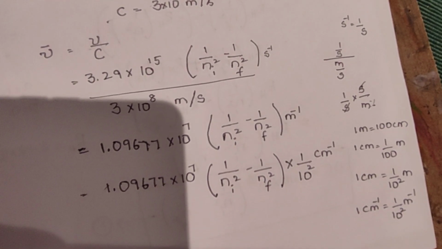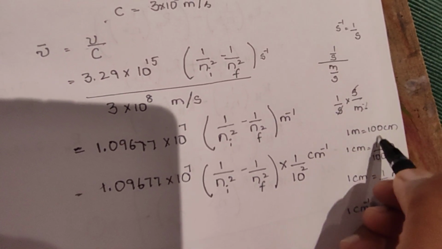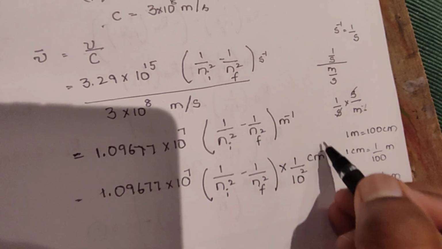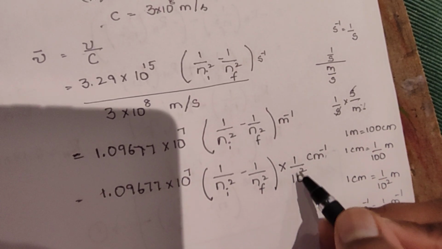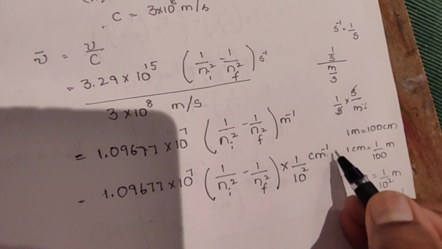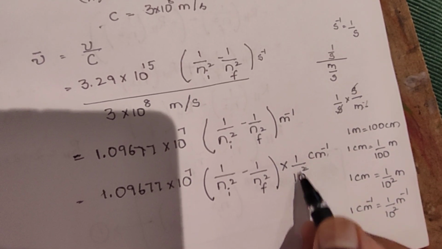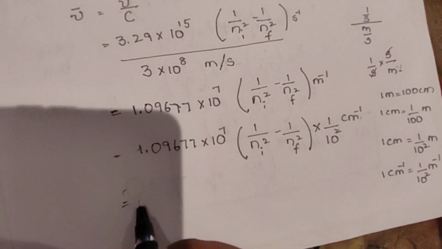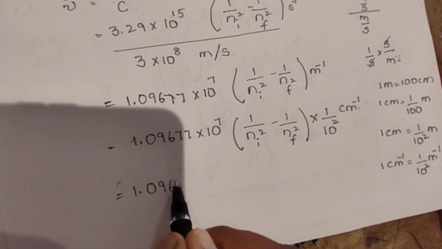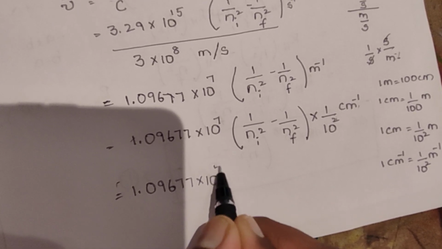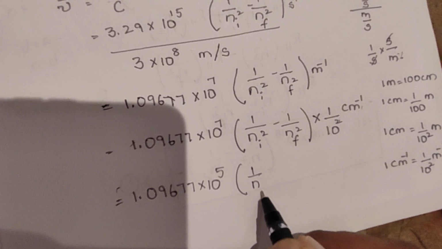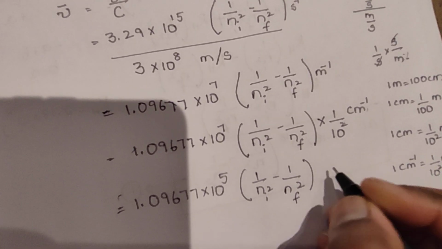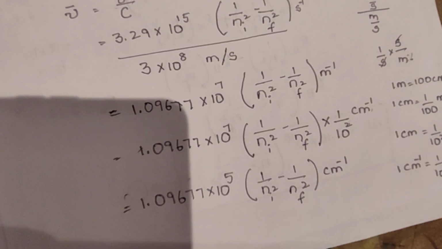So 1 meter is equal to 100 centimeters, so we are changing this one into centimeters. We'll get 1 by 10 square centimeter inverse. So 10 square here gets reciprocated, then we'll get 10 power 5. 1.09677 into 10 power 5 into 1 by ni square minus 1 by nf square centimeter inverse.